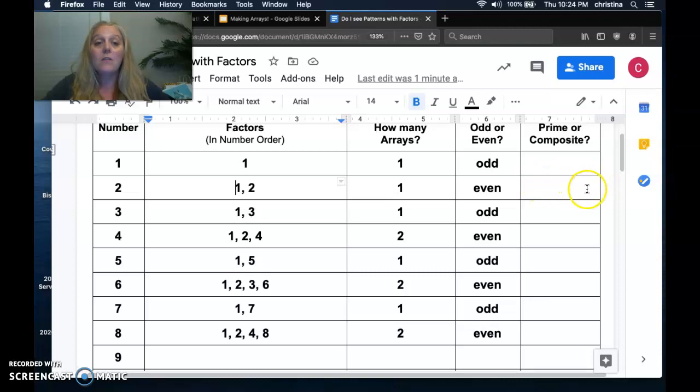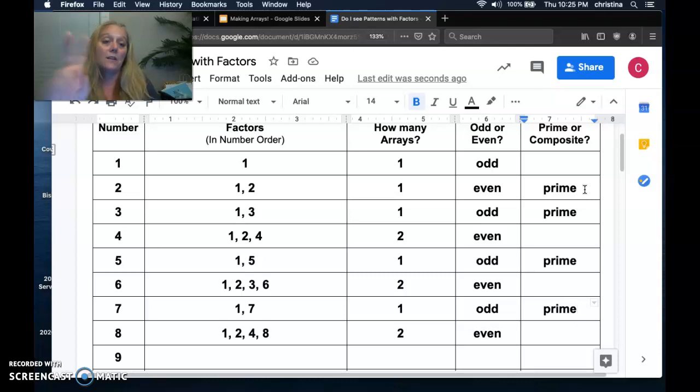Numbers that have factors of 1 and itself are called prime. So 2 is a prime number, 3 is a prime number, 5 is a prime number, and 7 is a prime number. And that's because they all have factors of 1 and itself, and they have exactly 2 factors.